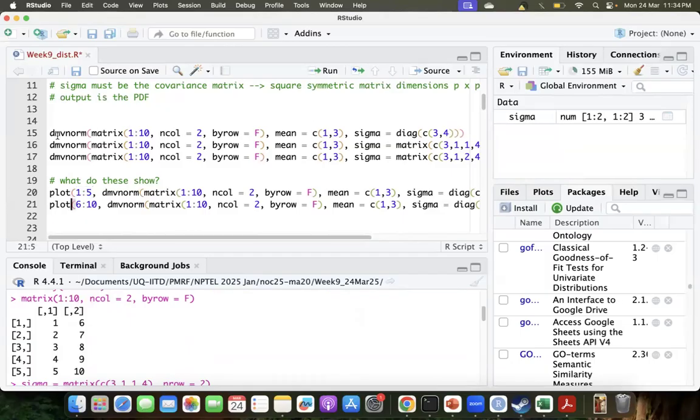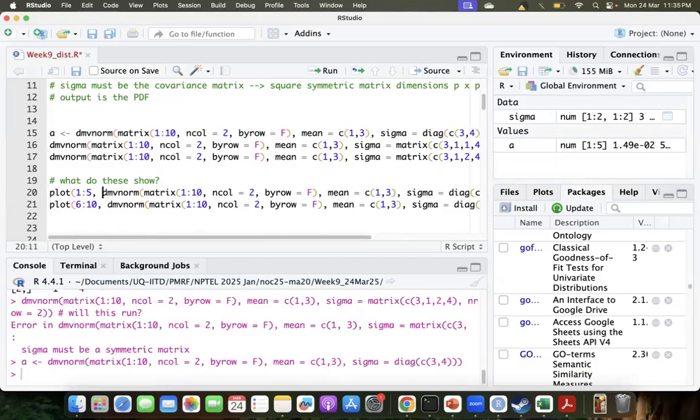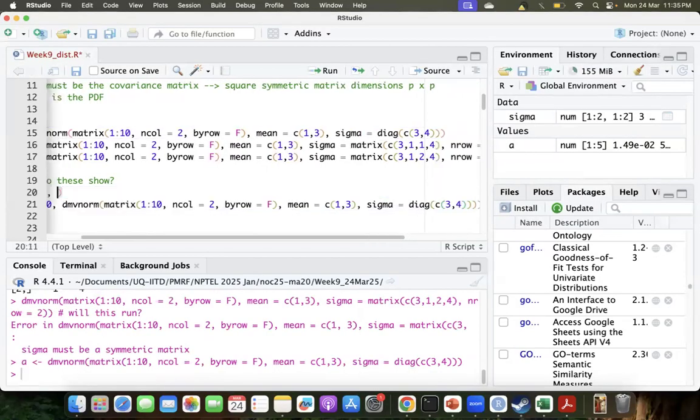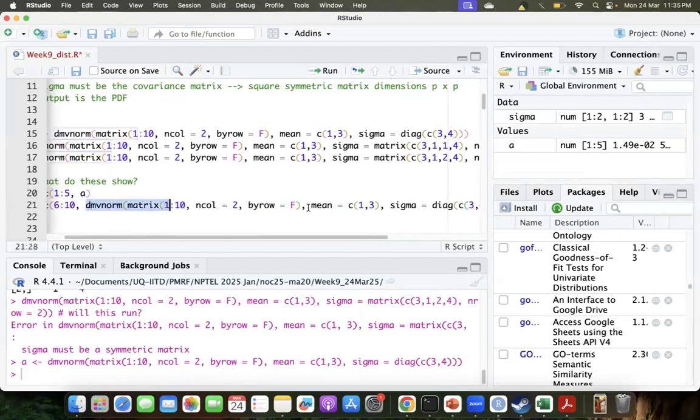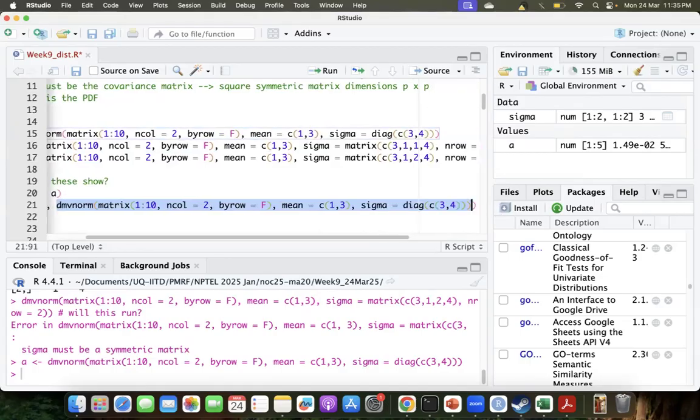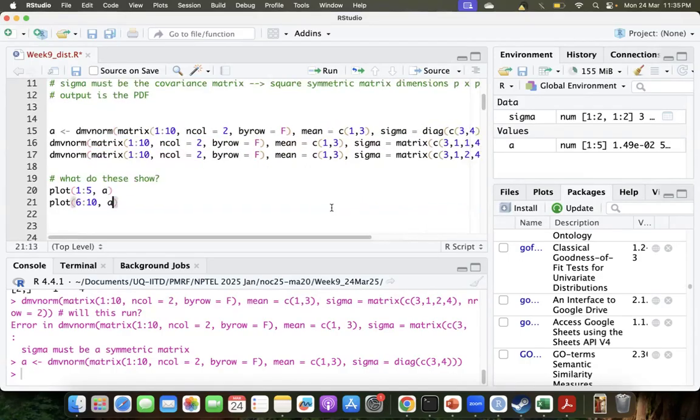Okay, so just to make it simple, let's call this A.